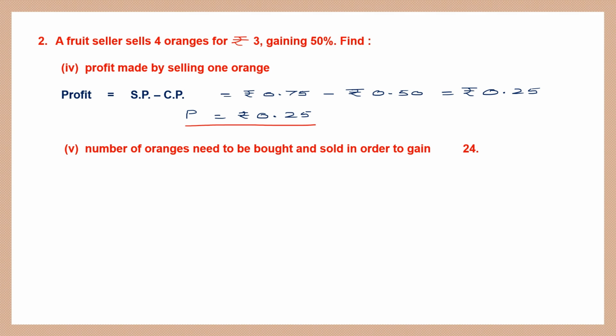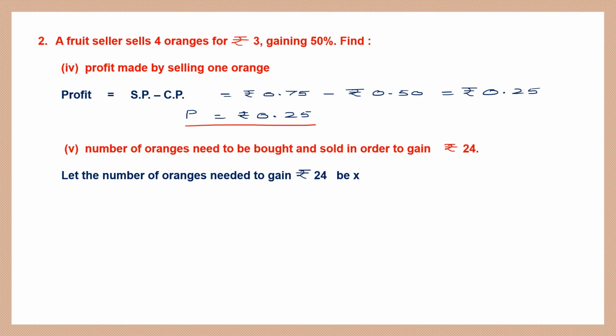Now we have a fifth question. Here it says we have to find the number of oranges that need to be bought and sold in order to gain 24 rupees. When we bought and sold one orange, our profit was 25 paise. Now, how many oranges should we buy and sell so that we get a profit of 24 rupees? So that means let the number of oranges that need to be bought to gain 24 rupees be x.